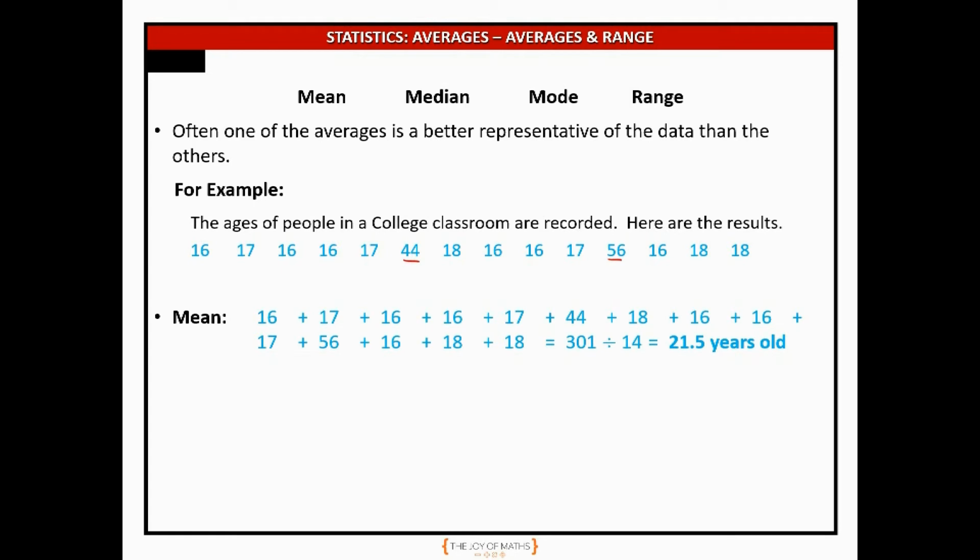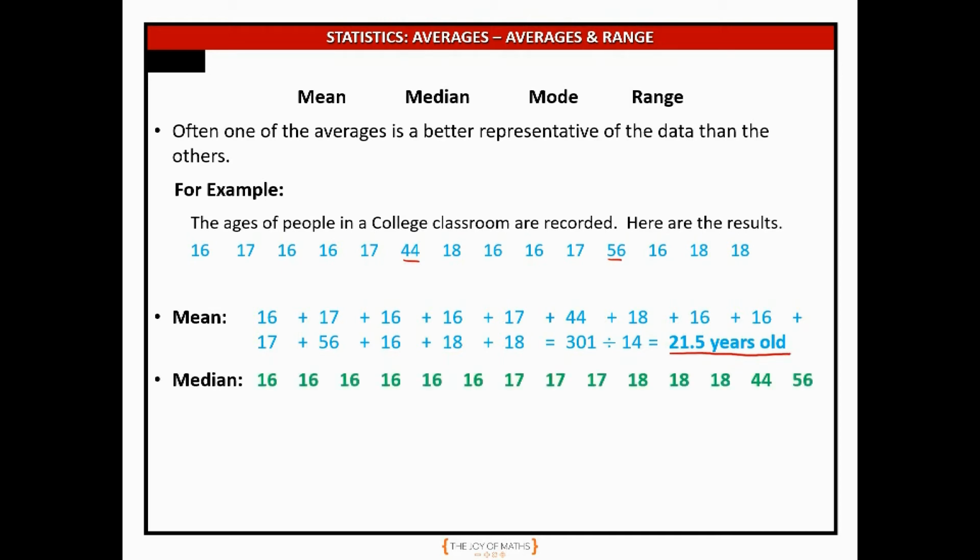If we look at the mean, what we've got to do is add them all up. If we add them all up, we get 301, divide that by 14, and that tells us the average age in that group is 21.5 years old.